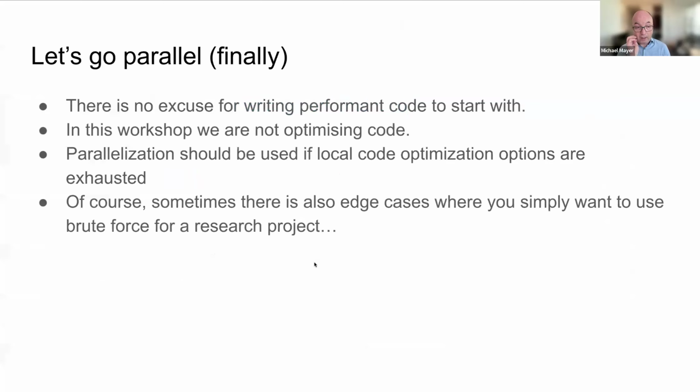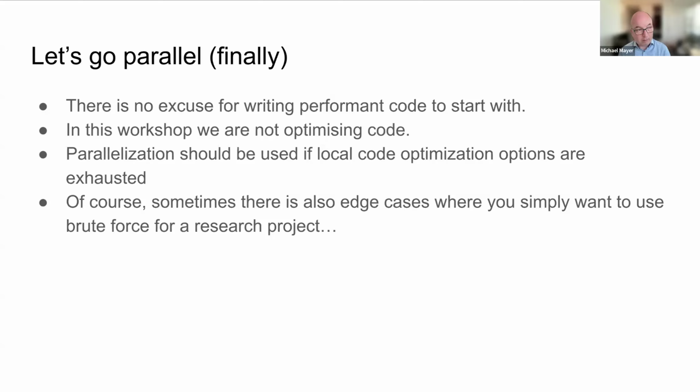Now, finally, let's move closer to parallelization. Just a little reminder again: there's absolutely no excuse for not writing performant code to start with. However, in this workshop we are not optimizing any code. As mentioned, I'm not a software developer and I don't have 20 years of programming experience.